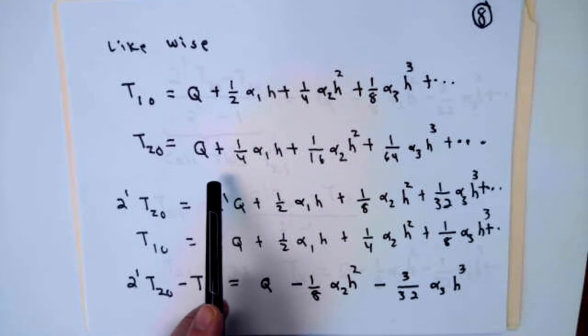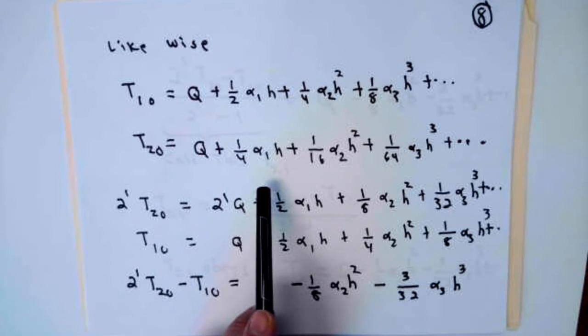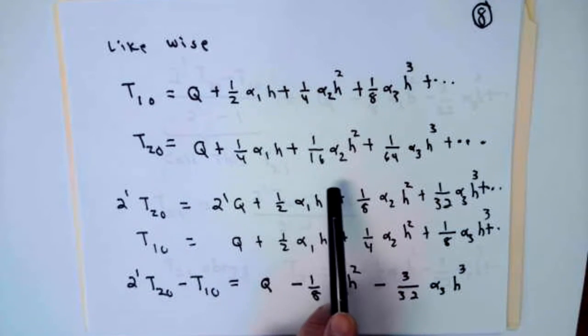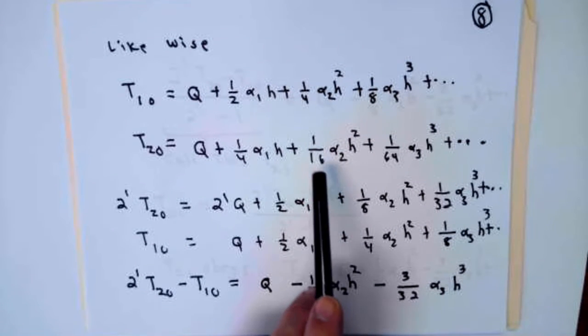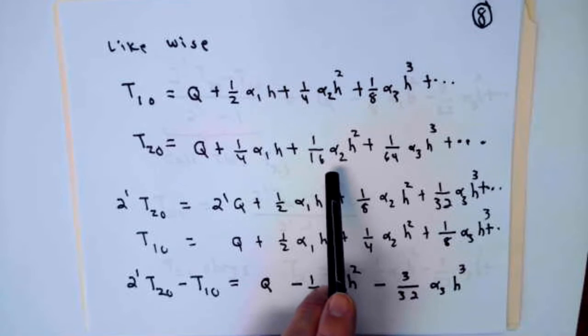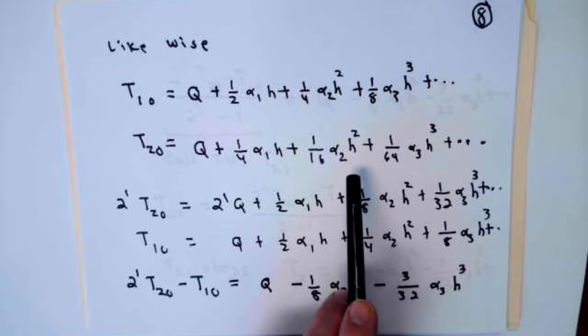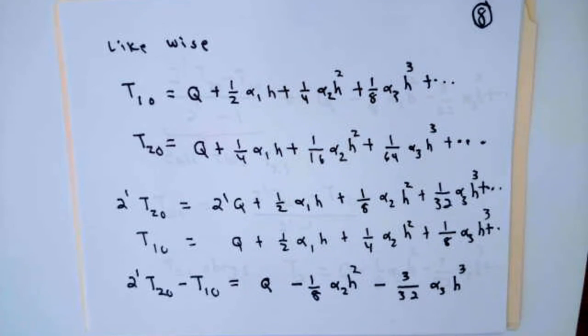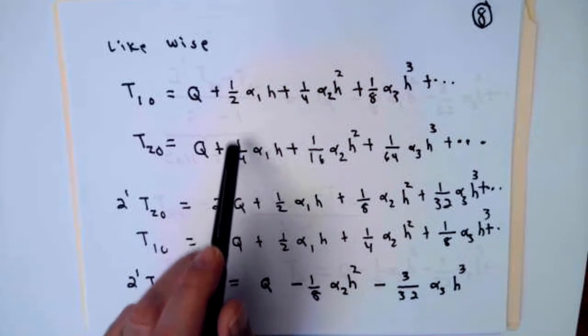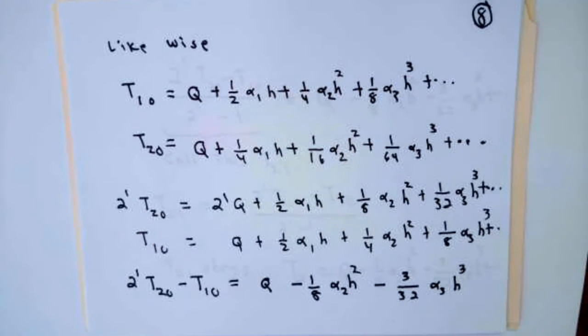T20 is the true value plus 1/4 alpha 1h. When you square 1/4, you get 1/16. So that's where the 1 over 16 alpha 2h squared comes from. When you cube 4, you get 64. An observant person will notice that these two coefficients differ by a factor of 2, just as the other pair did.